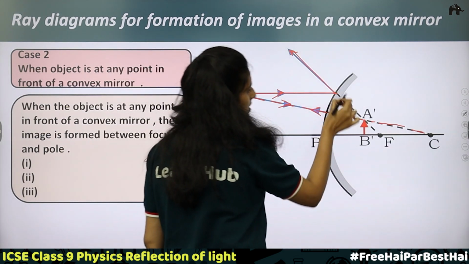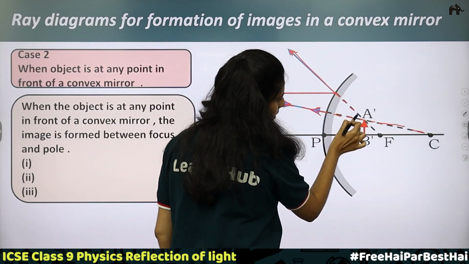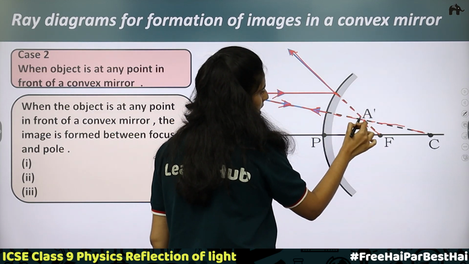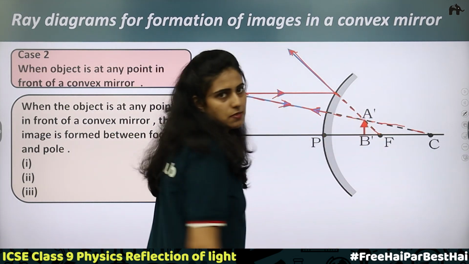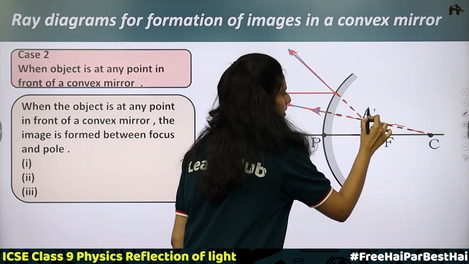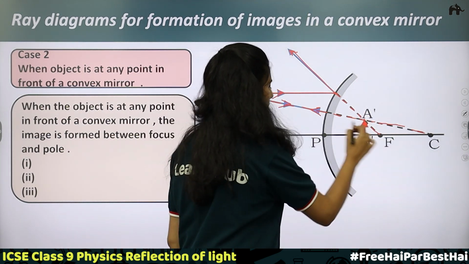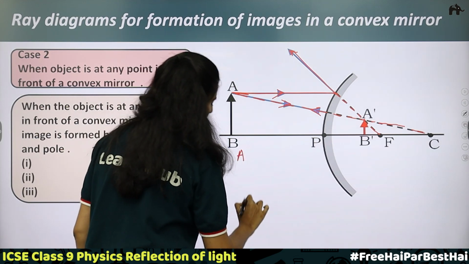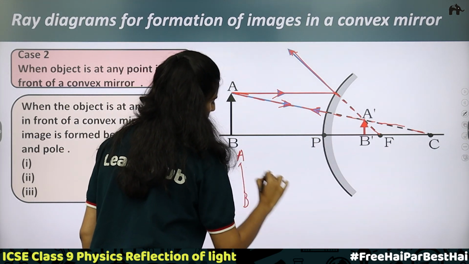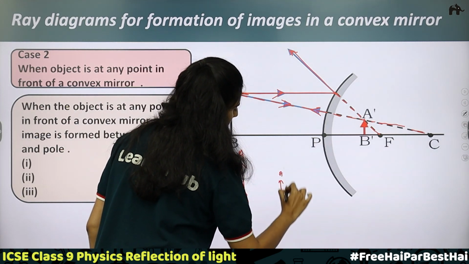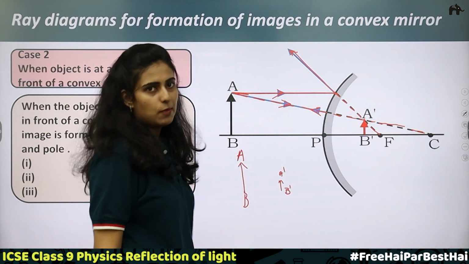Here we are extending the first reflected ray. You can see these lines will coincide at a point. Here we draw a perpendicular to the principal axis. We have obtained the image. So AB is the object and A dash B dash is the image.